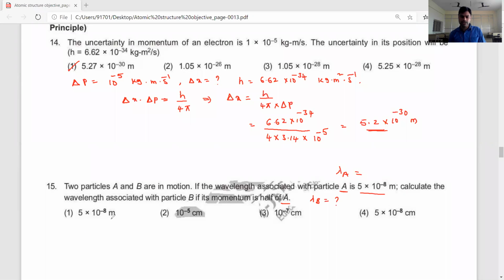According to de Broglie's wavelength, lambda is equal to h by p.